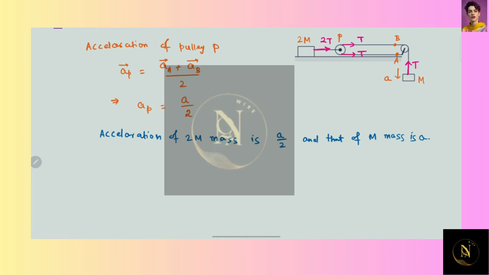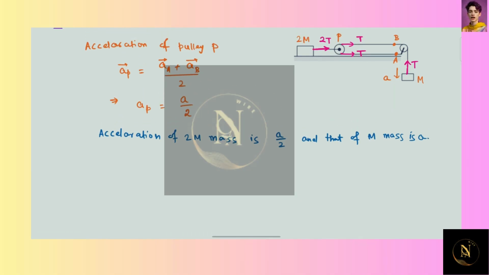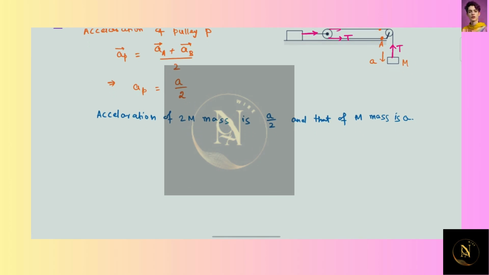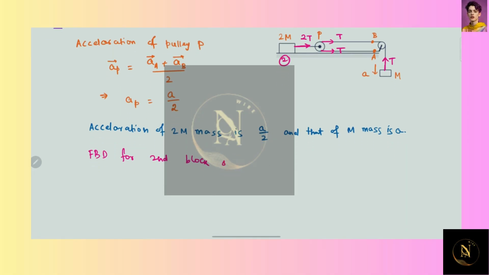So if I write the FBD for the second block, which one is the second block? This one is the second block of mass 2m.